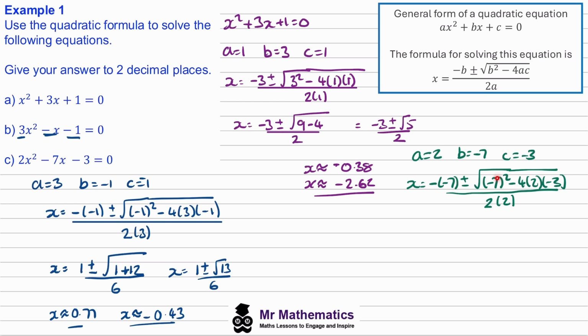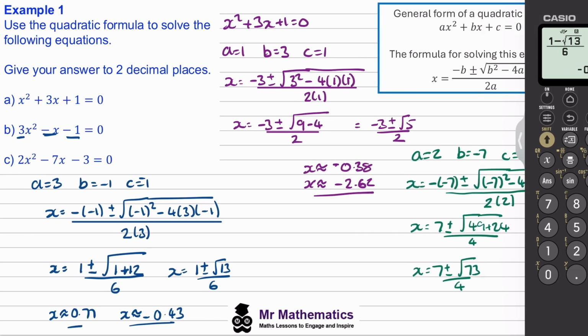We'll have 49 minus the negative 24. So x will equal 7 plus or minus the square root of 49 plus 24, divided by 4. We can tidy this up and we get 7 plus or minus the square root of 73 over 4.